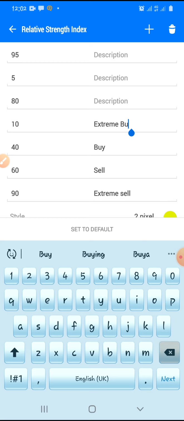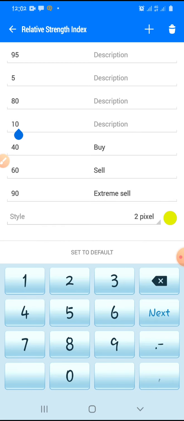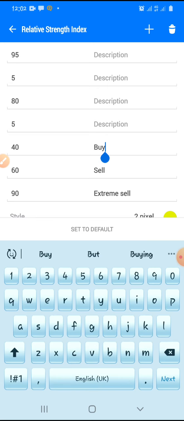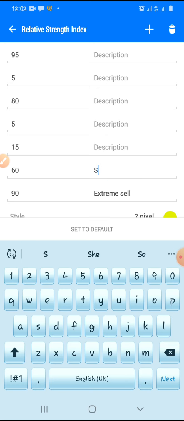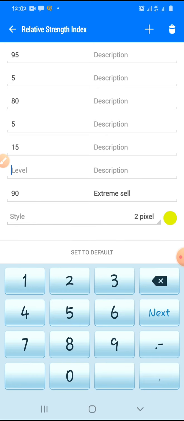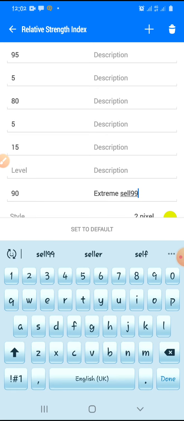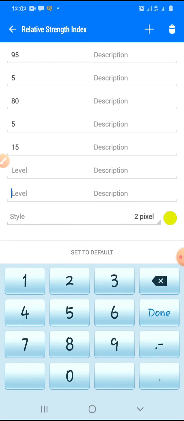Another level, I will then insert 5. Another level, I will insert 15. Then another level, we will leave it blank, or we will make it to be a 0. We will make this one to be a 0.